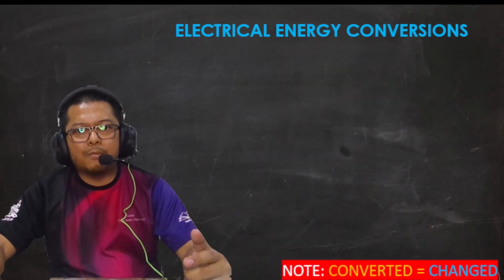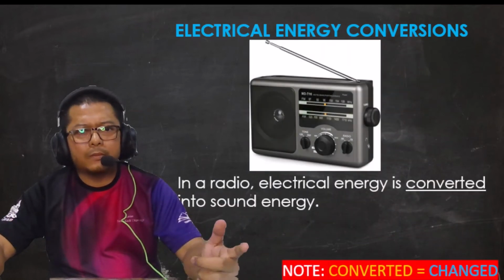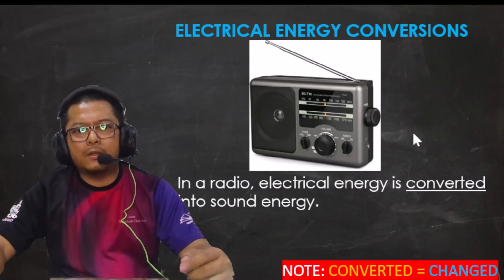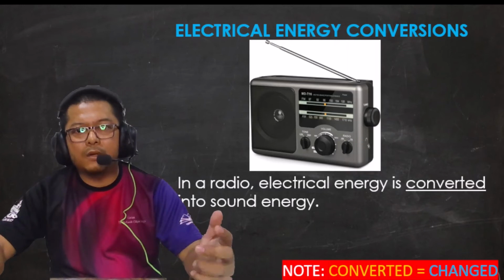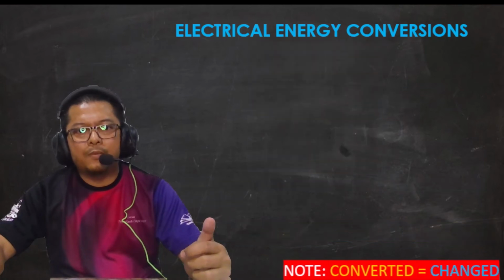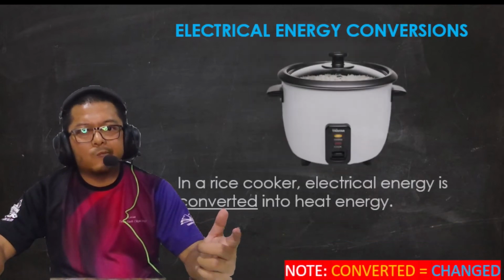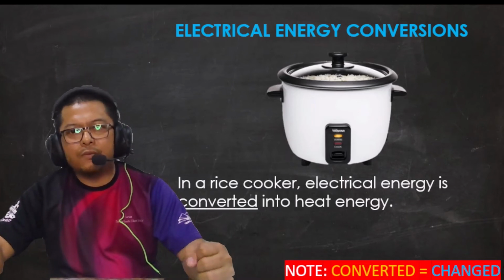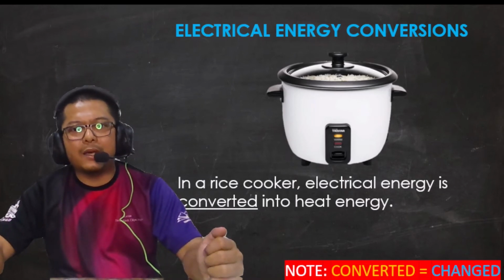Other examples would be in a radio, electrical energy is converted or changed into sound energy. Another example would be a rice cooker. Electrical energy is converted into heat energy.